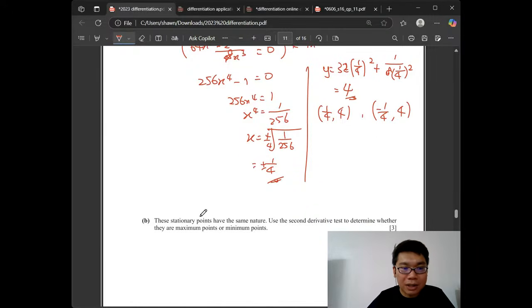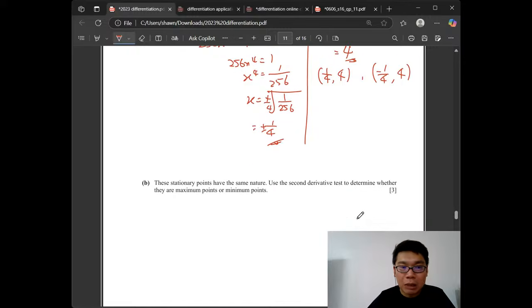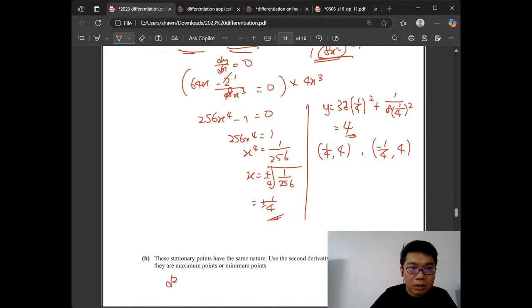So next question, this stationary point has the same nature. Use the second derivative test to determine whether they are max or min. So second derivative. So just now we already know dy/dx is 64x minus 1 over 4 x power minus 3.